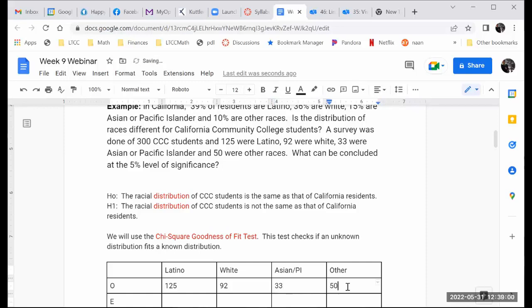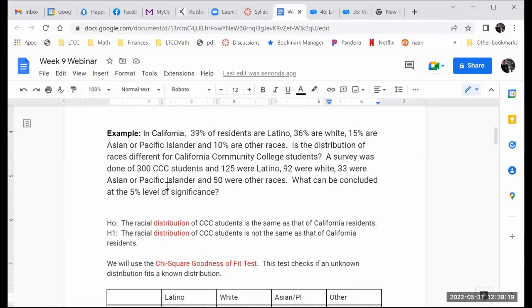Any questions at all on coming up with the observed? Those are almost always easy if you're given the results of the sample. The expected takes a little bit more work, but it's not that hard. The idea here is we surveyed 300 California community college students.